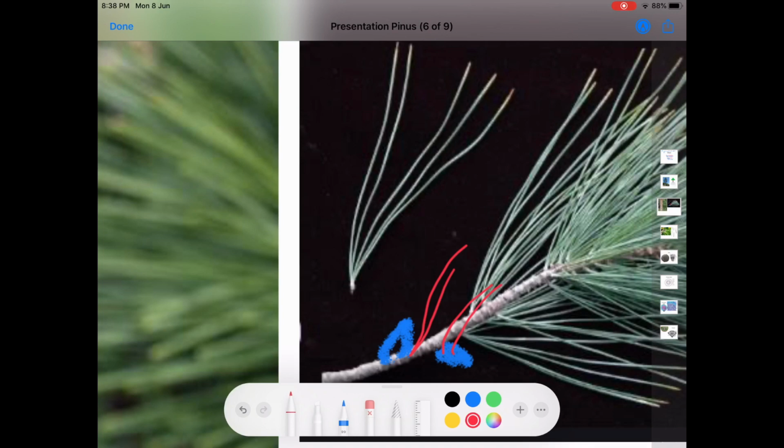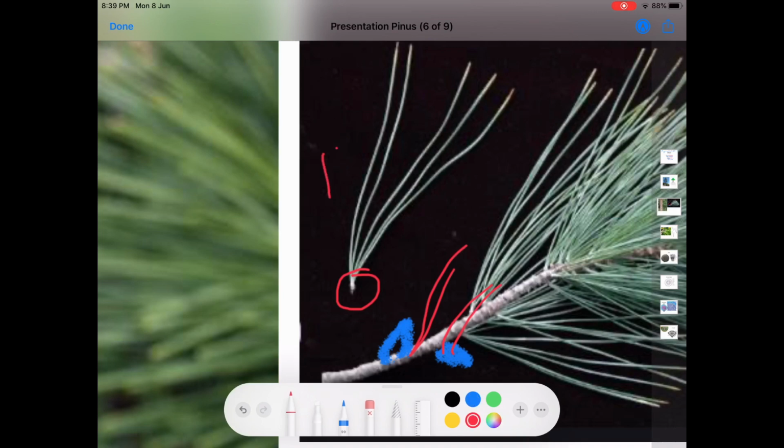Moving on to the structure of dwarf shoot, the dwarf shoot will be carrying a small stalk-like structure. This is the stem. This stalk is covered by two scale leaves on opposite sides.